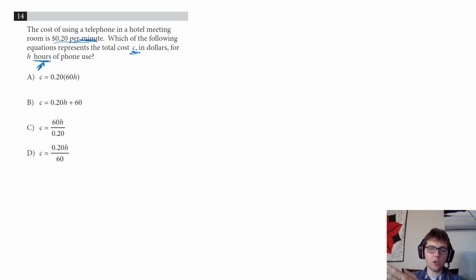So let's do this in terms of the units too, because units is really the tricky thing here. So we have C, which is in dollars, is equal to, we know that the telephone cost is 20 cents. So we'll leave it 0.2, $0.2 per minute.